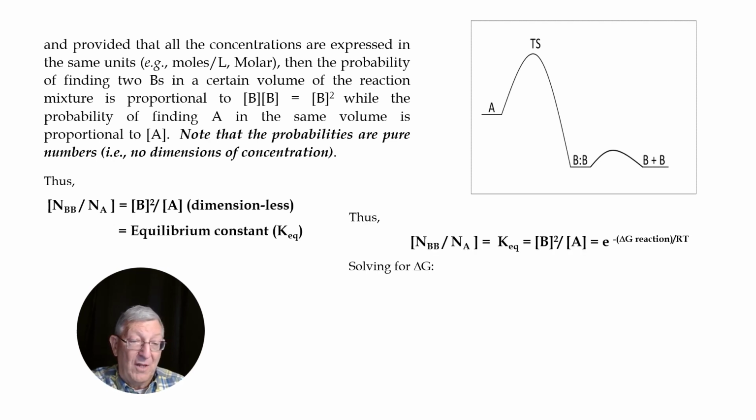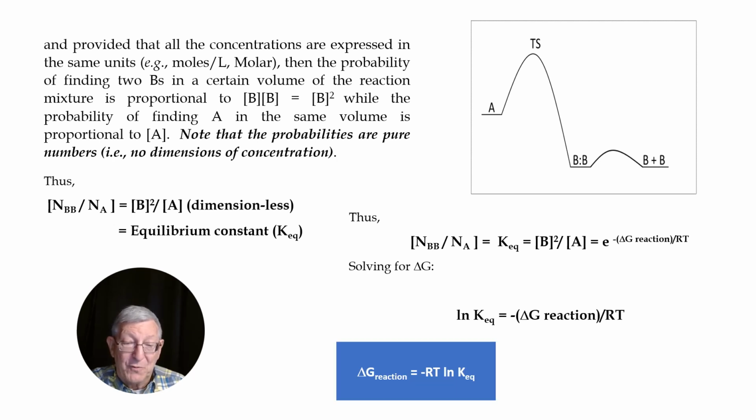Okay. Now, once we've done that, we can start rearranging and solving for delta G. Take this ratio and then take the log through here, and then we go back and rearrange that, and we end up with delta G for the reaction is equal to minus RT times the natural log of the equilibrium constant, which is a pure number.